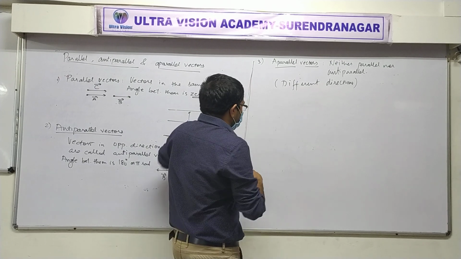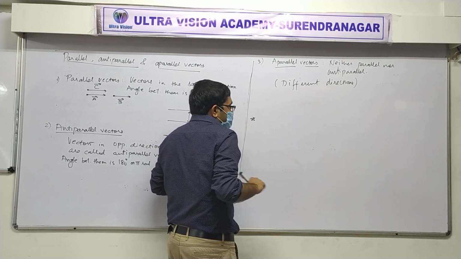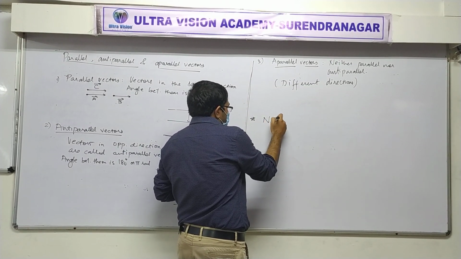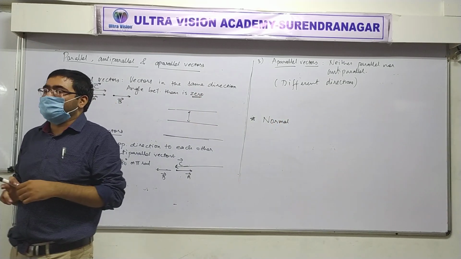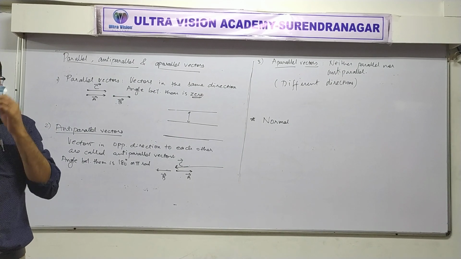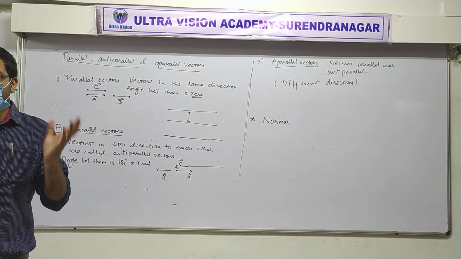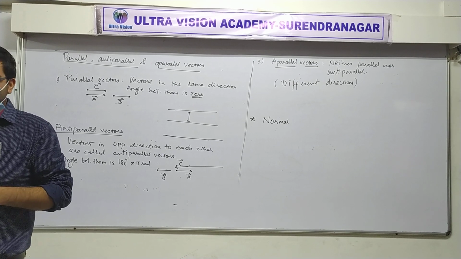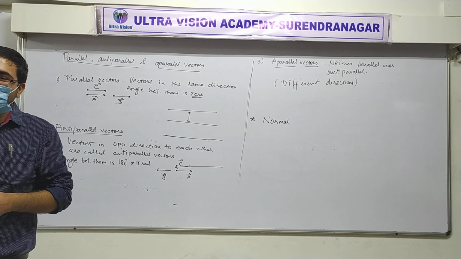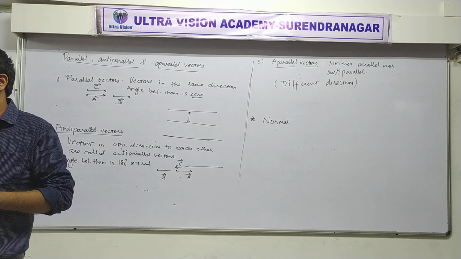Now there is just one term that I want you to write. The meaning of the word normal. Not normal as in how you are. In maths, have you ever heard the word normal in a maths or science context?